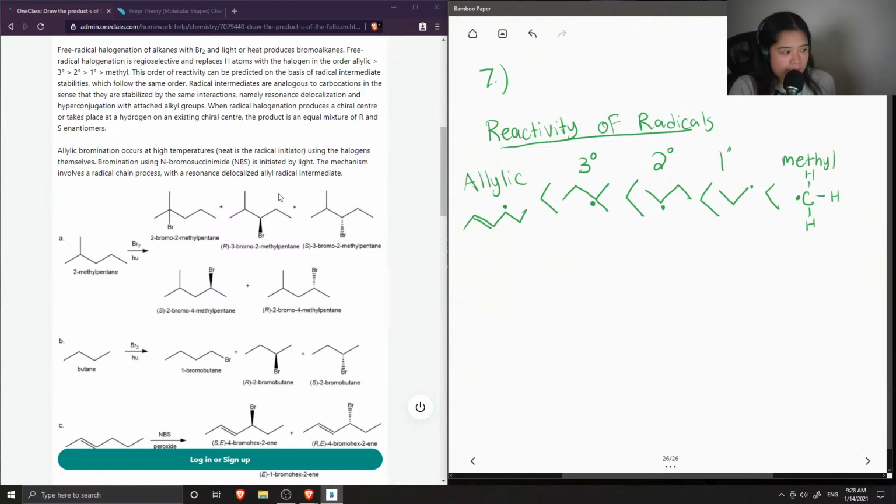So I'll kind of show what a brief mechanism would look like for when you do allylic, or let's just look at the first example.